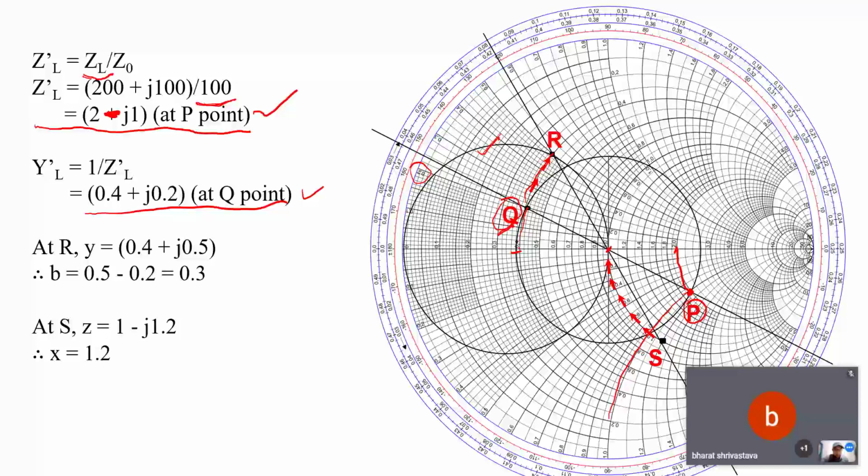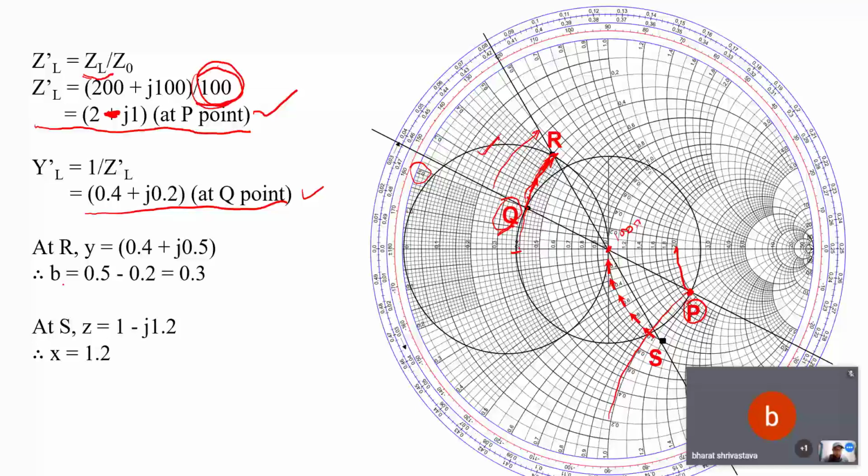Then I will move towards this point, because by using this point I can directly come to the center of the Smith chart, which represents the 100 ohm characteristic impedance of the transmission line. By covering this distance I can calculate how much susceptance has to be added here.